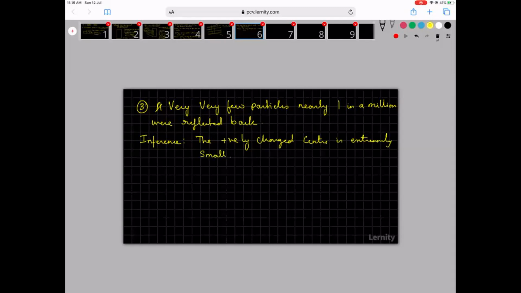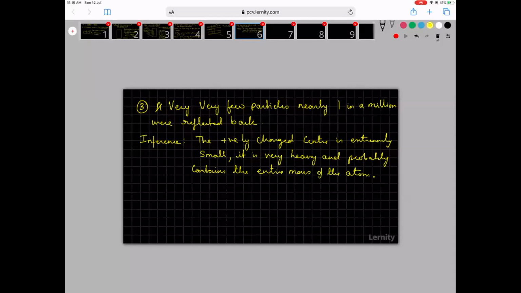Not just that, it is also very heavy, and probably contains the entire mass of the atom. Okay, so this is the inference.